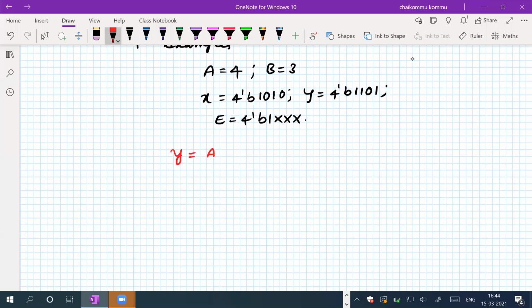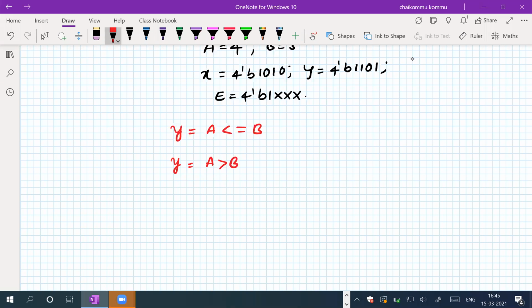Similarly, if y is greater than or equal to x, what will happen? If y is less than z, what will happen? Here x is not meant for unknown value, it is simply a variable x. So don't get confused when I write x somewhere else meaning unknown. Fine, so what is the result?